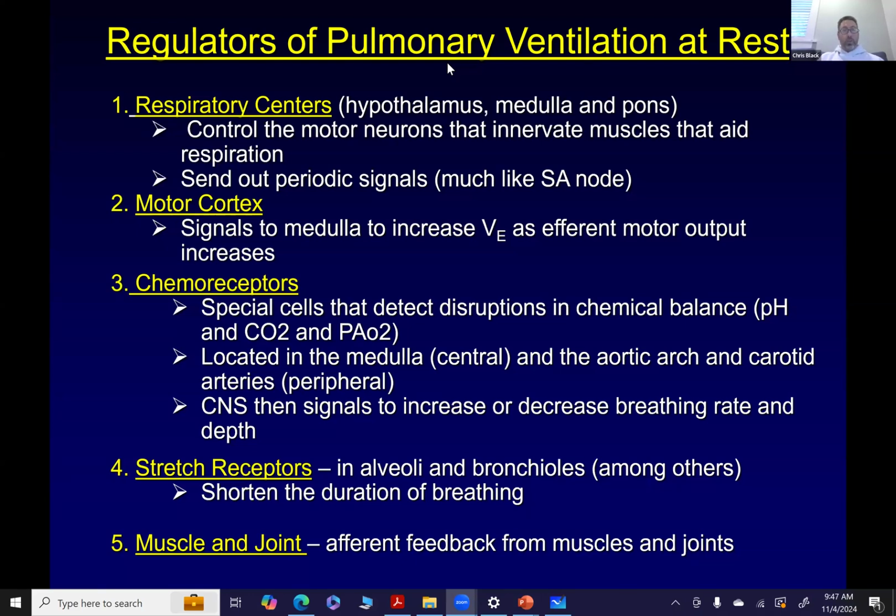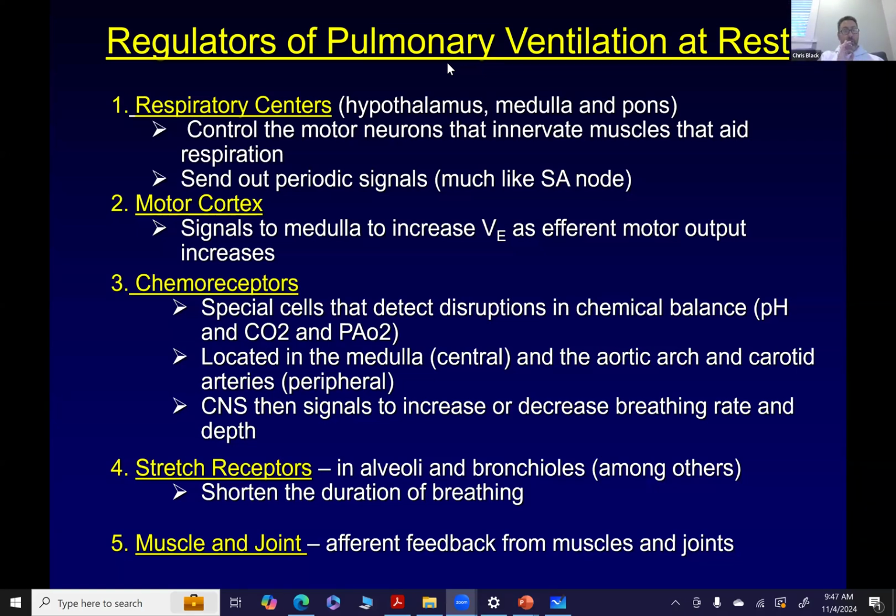Okay. So what I want to emphasize about the things that control breathing: the primary thing that controls breathing is CO2 levels. We are going to sense especially carbon dioxide levels in your carotid arteries and in the aortic arch, so it's these chemoreceptors.